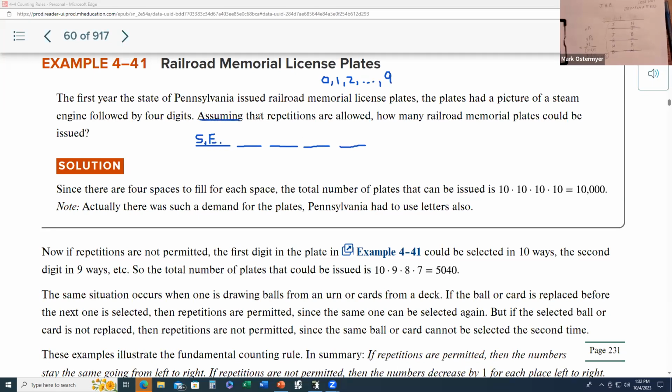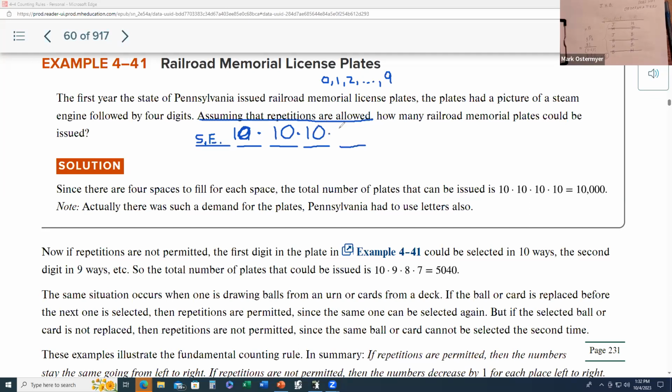Notice repetitions are allowed in our digits. So, ladies and gentlemen, how many ways can I fill the first mailbox with a digit? 10 different ways. Times, how many different ways can the second mailbox be filled? Repetitions are allowed, 10. Times, the third mailbox can also be filled 10 ways.